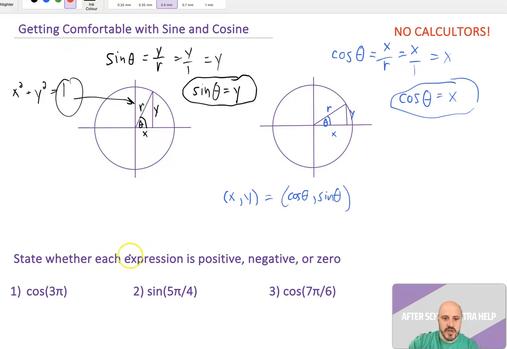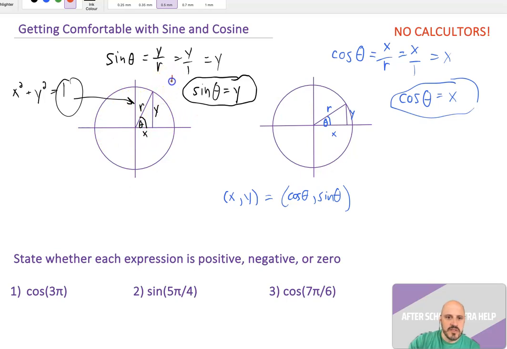The first questions I want to do are to look at when cosine and sine are positive, negative, or 0. So let's go back up to our drawing. If sine's my y value, where are the y values positive? In my first and second quadrants. Our y values above the x-axis are always positive.